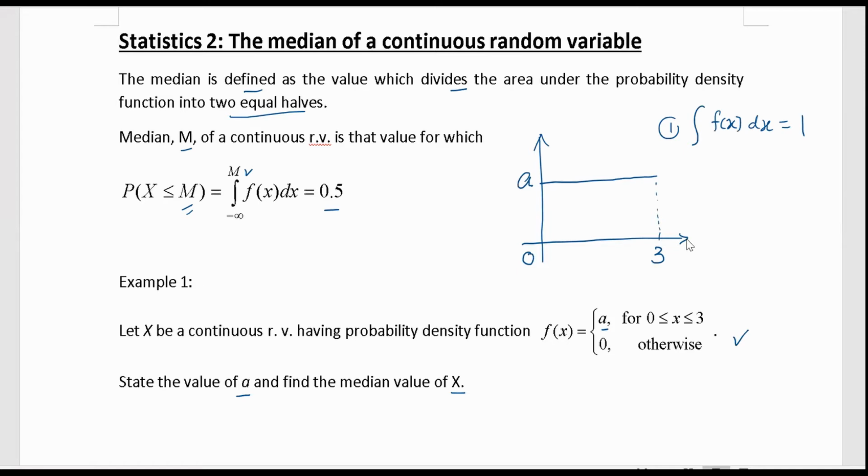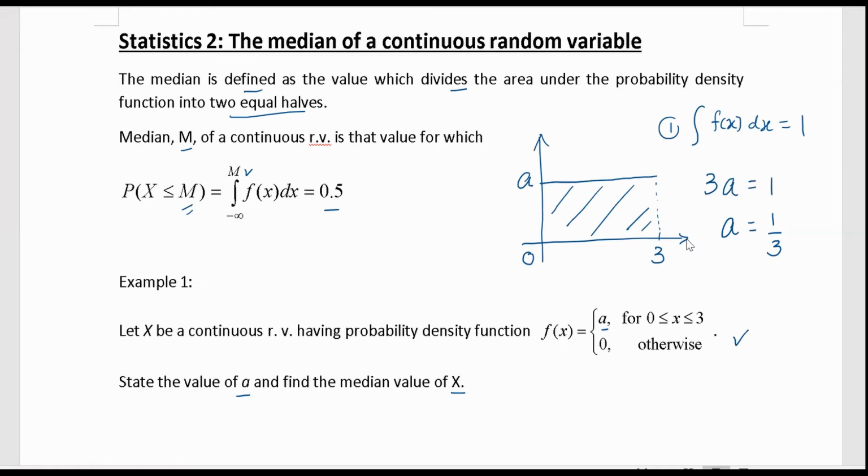So to find the value of A, we know that this rectangle must be 1. How do we find a rectangle area? 3 times A equals 1. And that's how we determine the value of A equals 1 over 3.